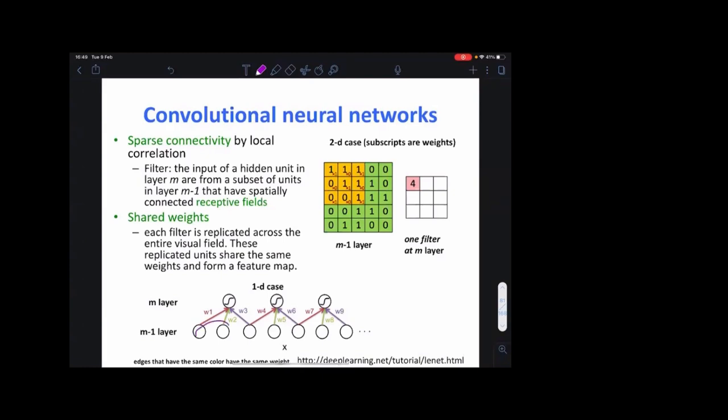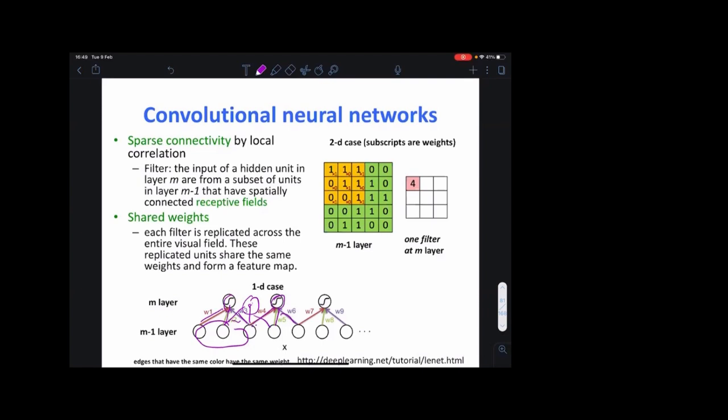For example, these three are connected to reach the average and become my next layer value. And I also shift by one node. I can look at these three and create the next layer value.